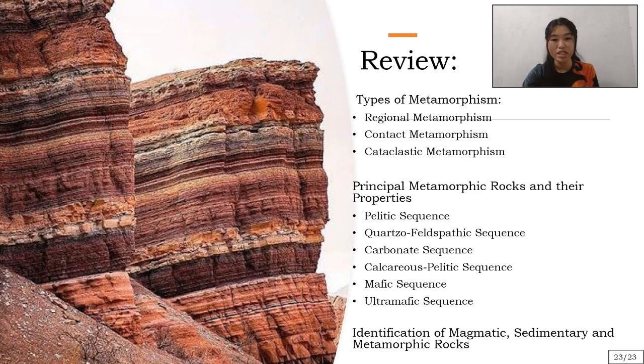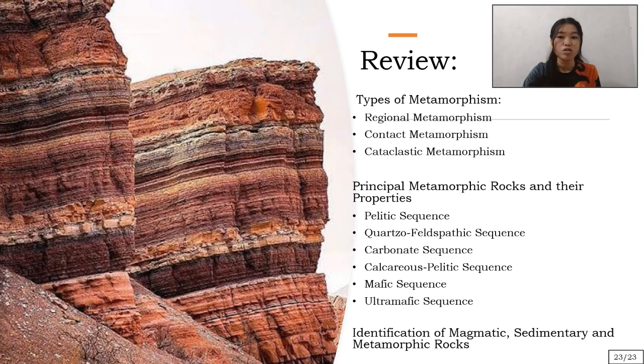The calcareous pelitic sequence refers to a rock formation consisting of alternating layers of calcareous, calcium carbonate rich, and pelitic, clay rich rock. The term calcareous is derived from calcium carbonate, and pelitic refers to rock rich in clay minerals. The mafic sequence undergoes changes in mineral arrangements due to prograde metamorphism.